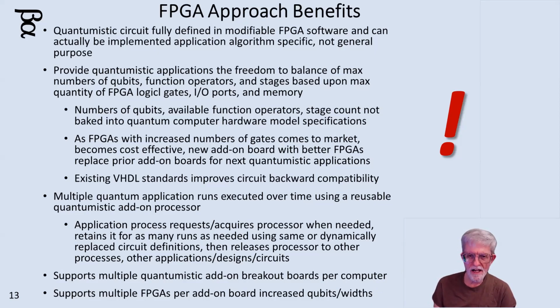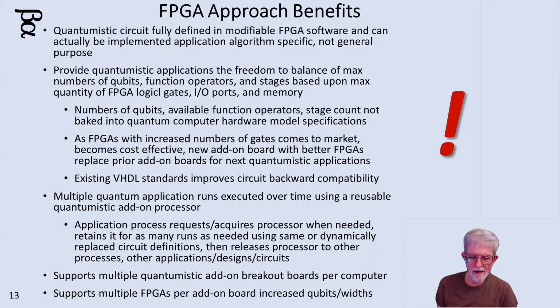So I can move to a gate array that has more gates on it and expand things without going back and reinventing the wheel. In the case of a quantum computer, if I want to move from a limited number of qubits quantum computer to a very large quantum computer, I may have to rewrite my quantum circuit algorithm from scratch, go back to the math and remap it onto the newer model computer.